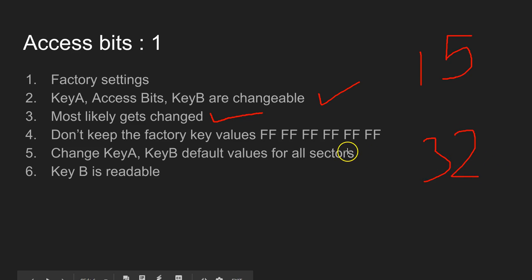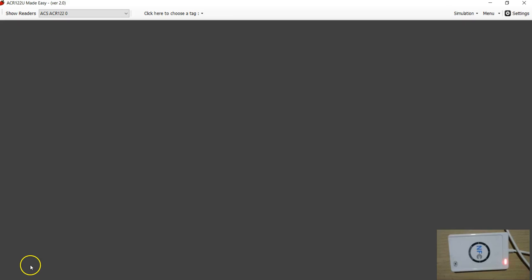The first thing to do is change all the default keys. Don't keep the default keys for either A or B. Here we also saw that key B is readable. Wherever key B is readable, you cannot use it for authentication.